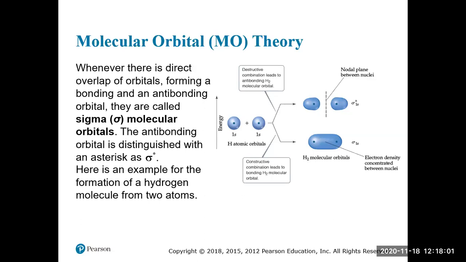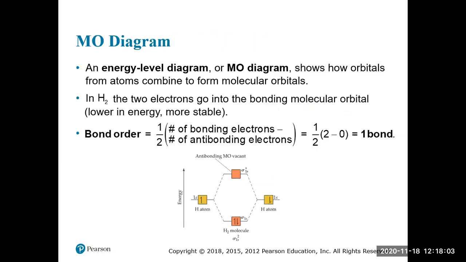And so what we can do now is draw what we call a molecular orbital diagram or an energy level diagram, either one you can call it. What this does is show us how orbitals from atoms combine to form molecular orbitals. Once again, this is our H2 example.